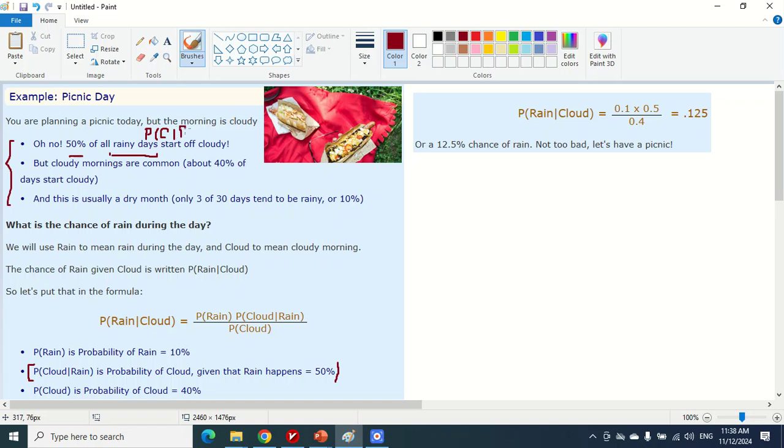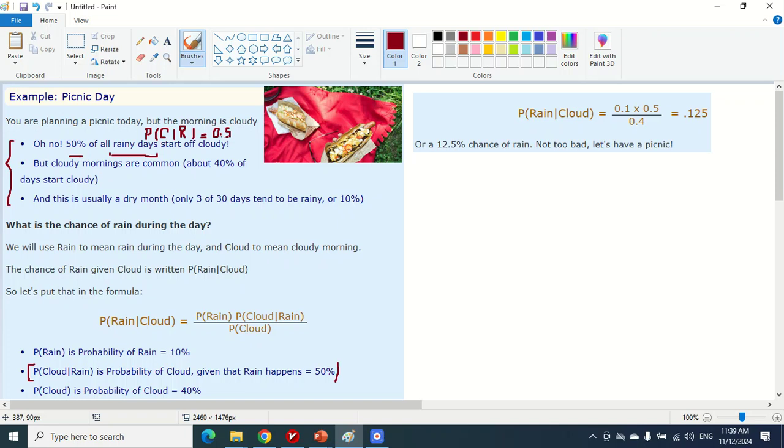The probability of being cloudy on a rainy day is given by 0.5 or 50%. So the first fact is the probability of being cloudy if we know that the day is rainy.